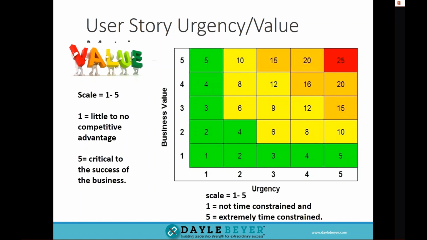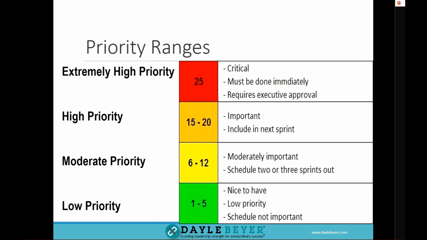Okay, so we could then put these kinds of scores in place, and these scores can help us if we multiply our business value times our urgency. The product of these two numbers lets you understand the priority. 25 means extremely high priority, critical, must be done immediately, requires executive approval.